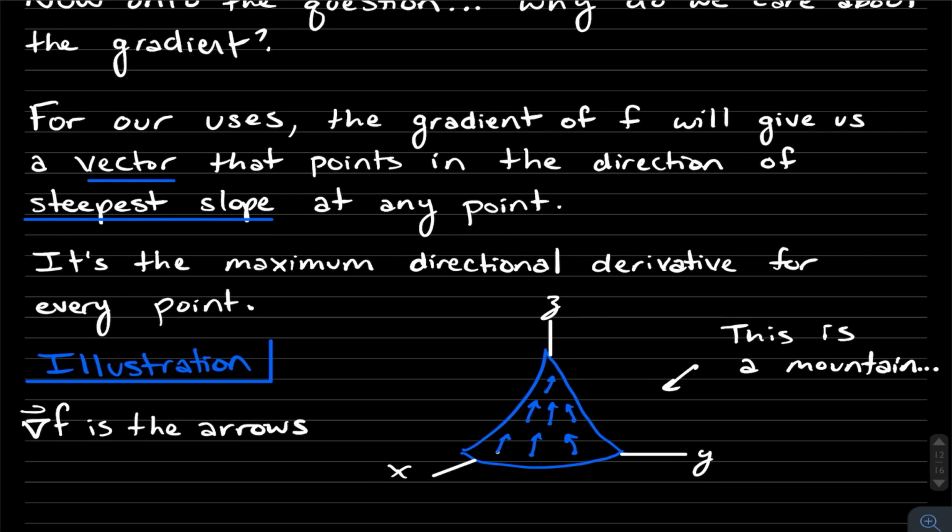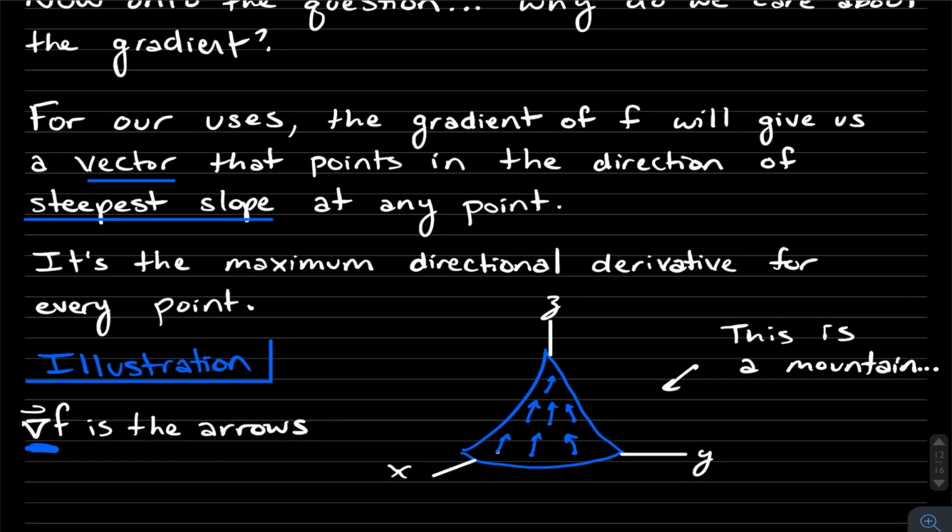If you start from the bottom here and follow the gradients all the way up the mountain, you would get the steepest path. It's interesting how this whole thing works. The gradient of f is all these little arrows that you're seeing here. It's essentially a field of vectors, a vector field where all these vectors are pointing in the direction of steepest slope.